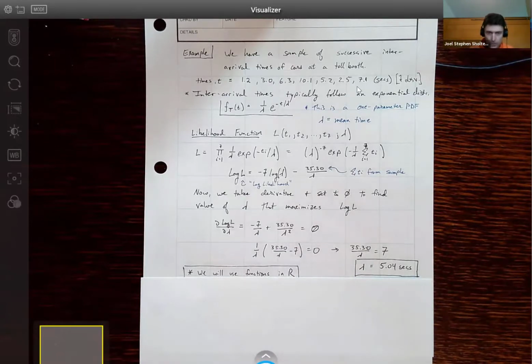All right, so 1.2 plus 3 plus 6.3 plus 10.1 plus 5.2 plus 2.5 plus 7.1 divided by 7. So the mean of that value is 6.6. So if we did this from a method of moments perspective, lambda would be equal to 6.6. So you get a different probability distribution, and you calculate different probabilities of different arrival times based on these two different methods.